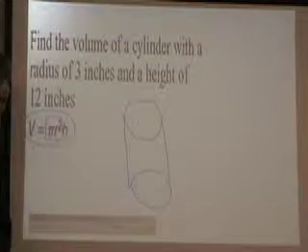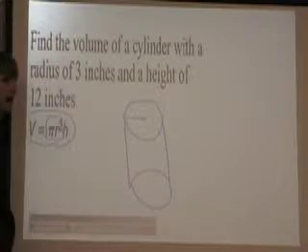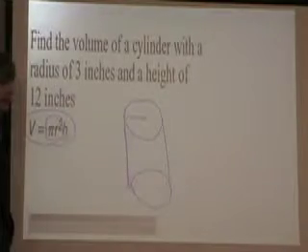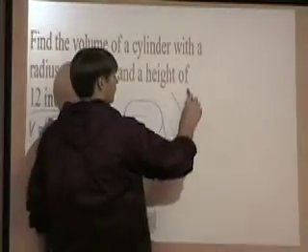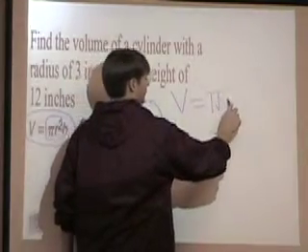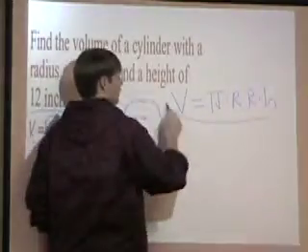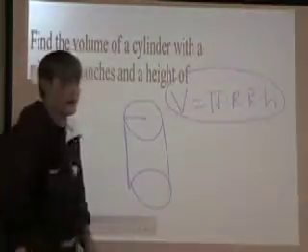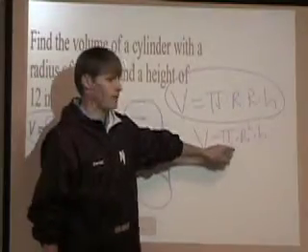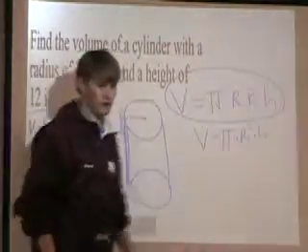So the formula is volume equals pi times the radius times the radius times the height. So y'all write that down as the formula for a cylinder. Volume equals pi, and pi is 3.14, times r squared times h.